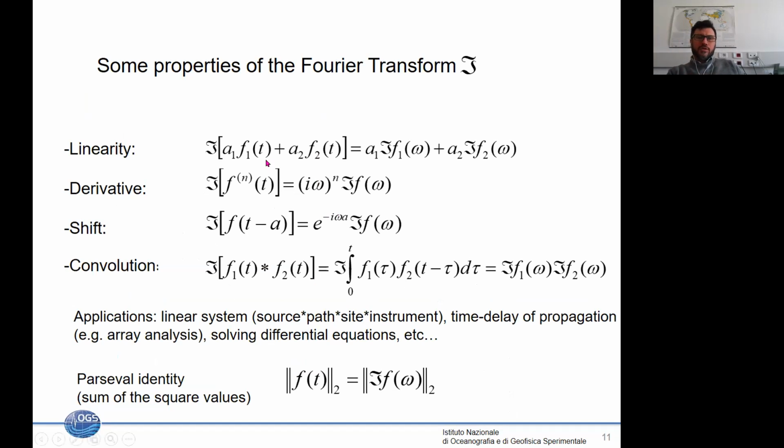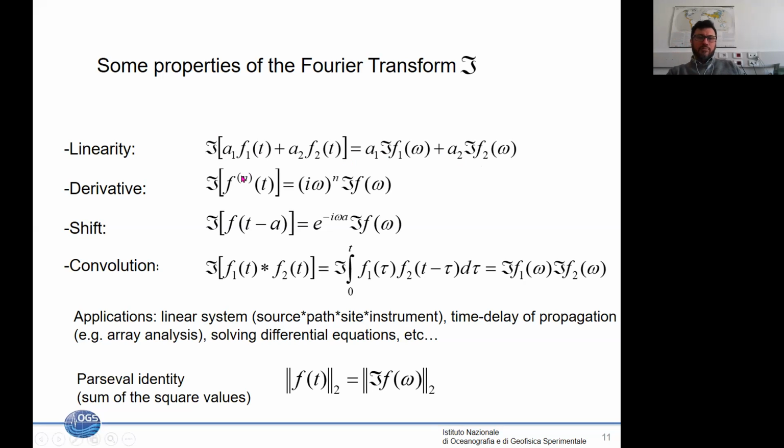First of all, if we have two signals, two time series, they can be two seismograms, or the shaking of the ground plus some background noise, the Fourier transform of the summation of the two signals is equivalent to the Fourier transform of the first signal summed to the Fourier transform of the second signal. So this is an important property that we are very often using in seismology.